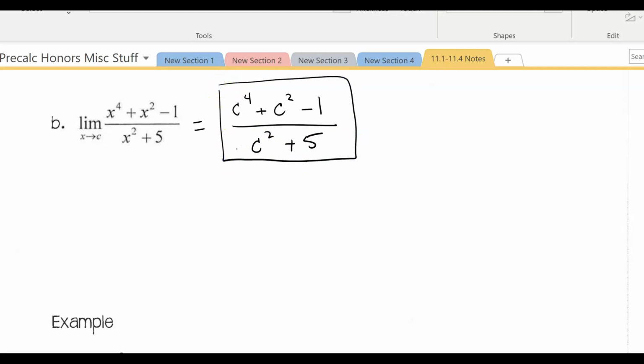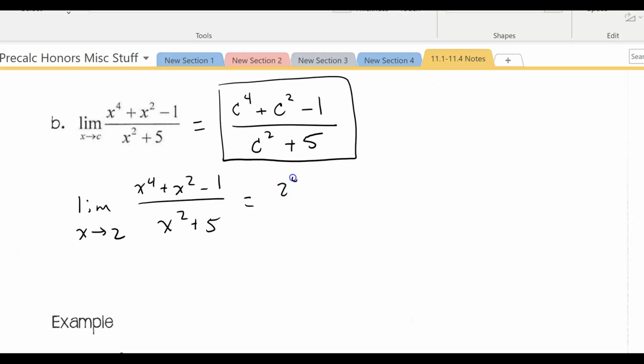So let's take a look if the limit wasn't some generic value c. So let's say we had the limit as x approaches 2 of x to the 4th plus x squared minus 1 over x squared plus 5. So again, just doing direct substitution, making sure we don't get 0 in the denominator.